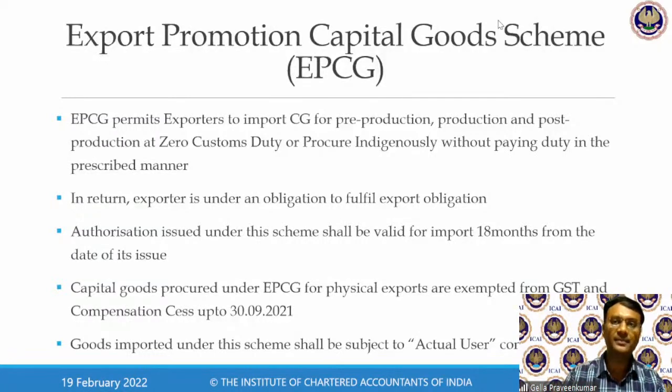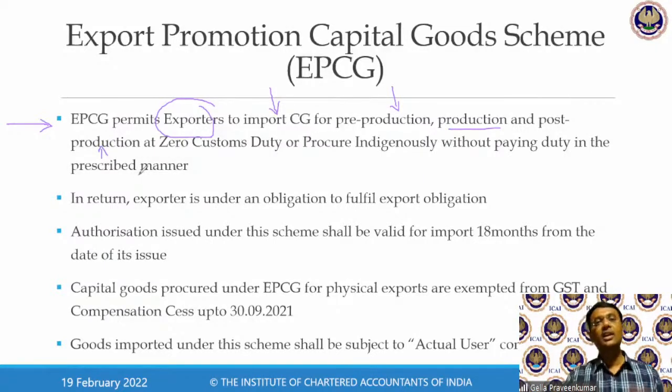To start with, EPCG, I can use this particular scheme in case of export, where I can import my capital goods. I import capital goods for pre-production, during production, or post-production. Example, I need to set up a pre-production activity, like, for example, your ATM boxes.